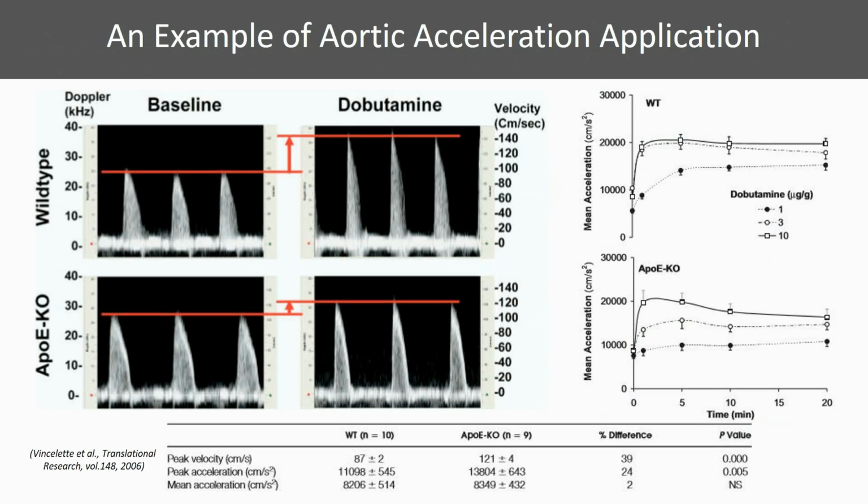As you can see from the table below, peak acceleration at baseline was significantly different between the wild-type and the ApoE knockout mice, but mean acceleration was not. On the other hand, if you look at the graphs, after the administration of dobutamine, the mean acceleration showed significant differences between the groups. So it's already being used.